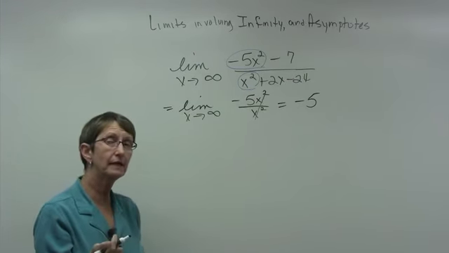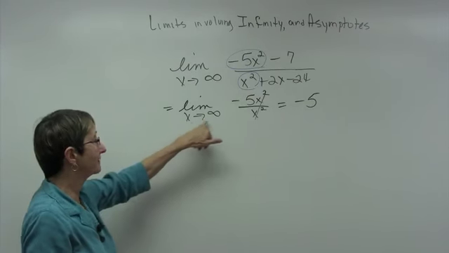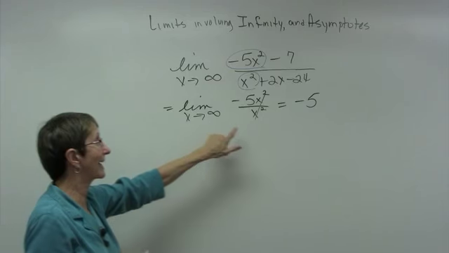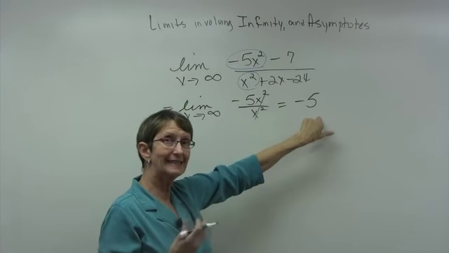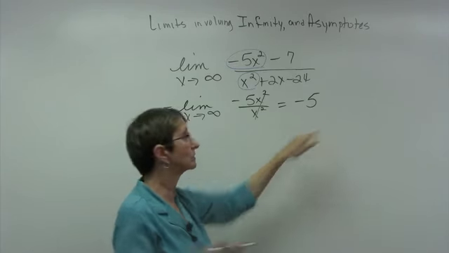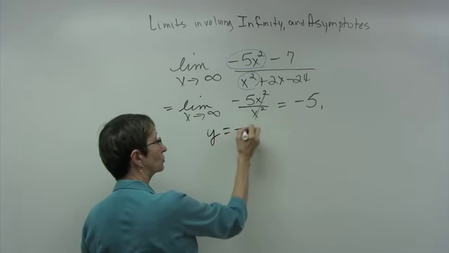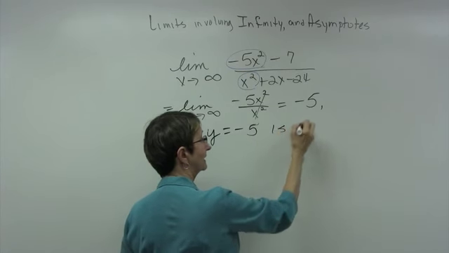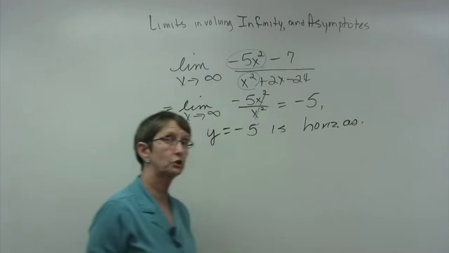Now, if you think for a minute back about our definition for a horizontal asymptote, if x is approaching plus or minus infinity and you get a number, that number is y equal to the horizontal asymptote. So what we have here is y equal to -5 is the horizontal asymptote for that function.